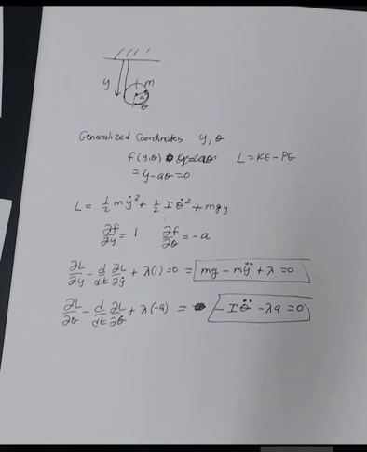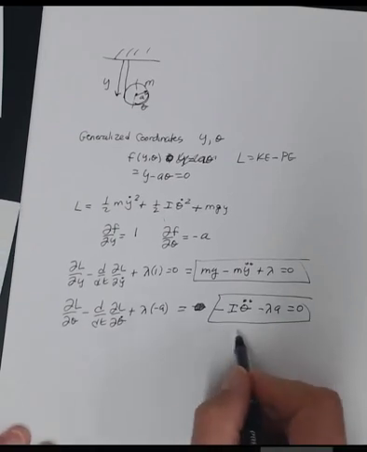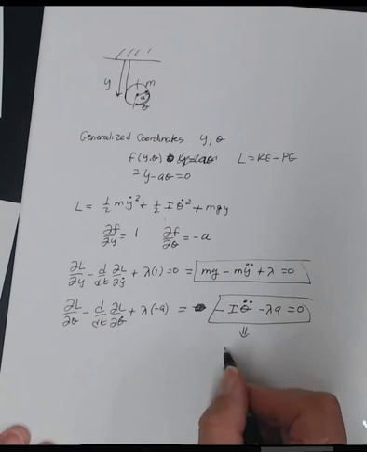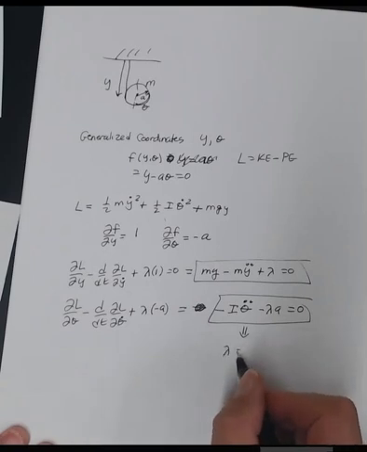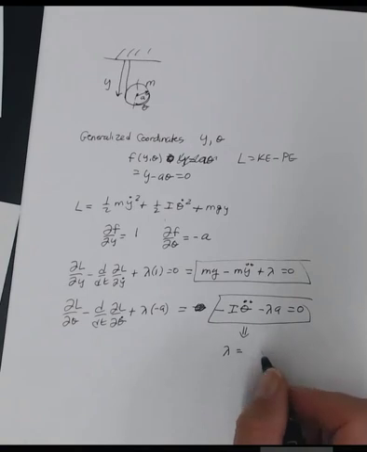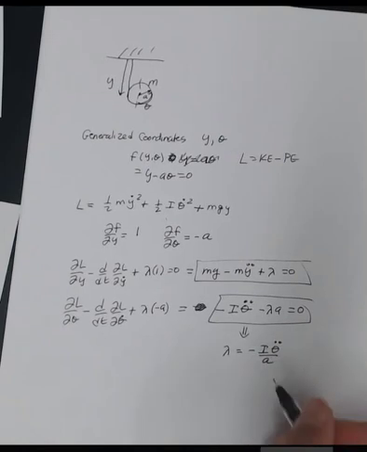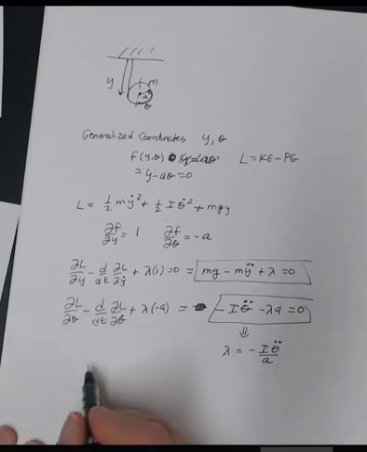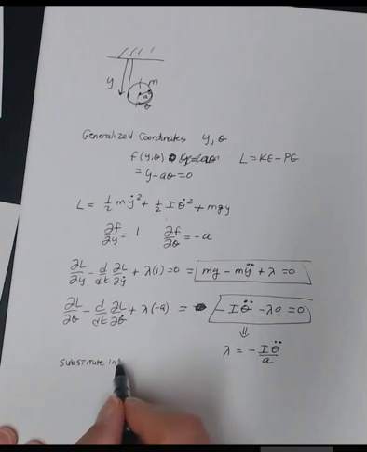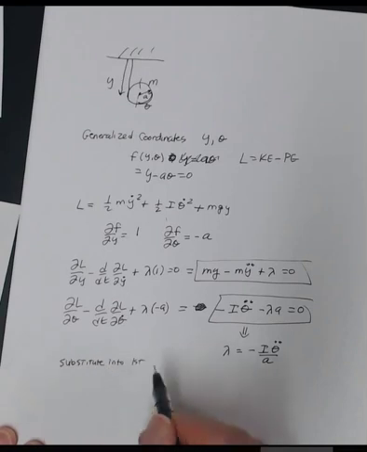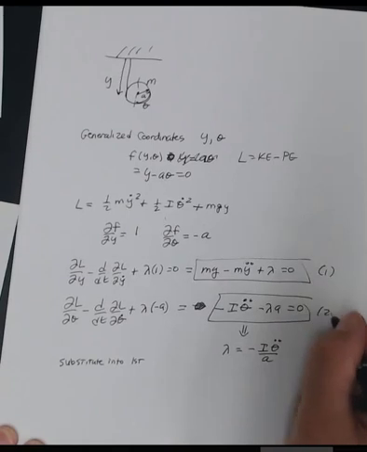Okay, I'm going to look at this equation here, and from that I'll get lambda is equal to negative I theta double dot over a. And now I'll substitute that into the other equation, equation 1, equation 2.